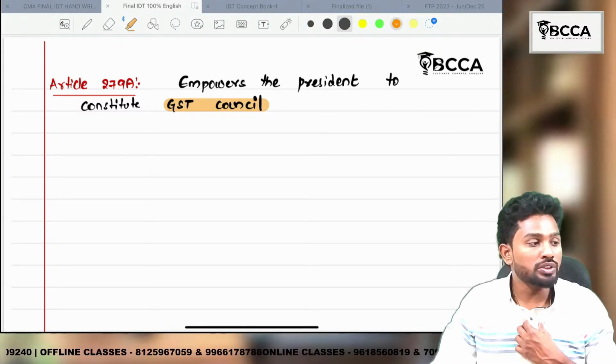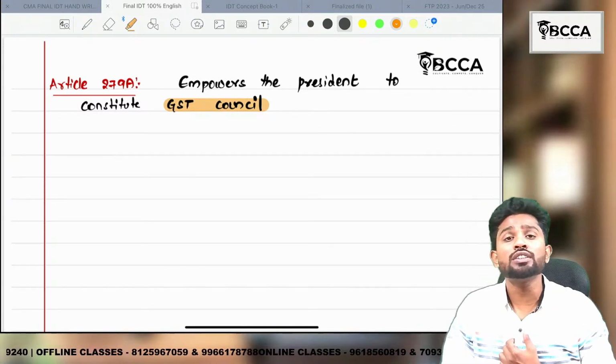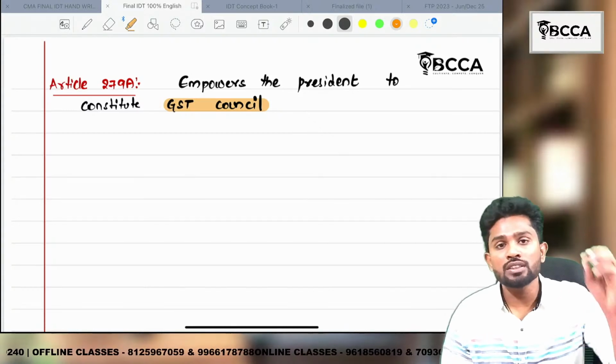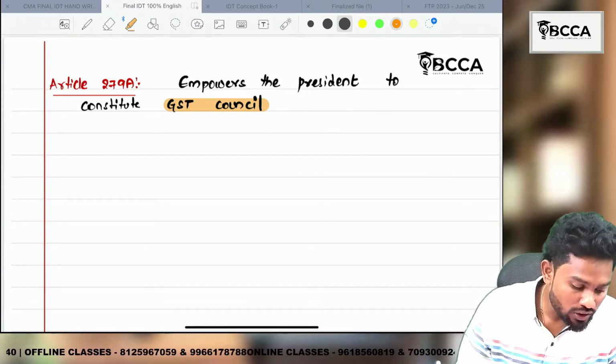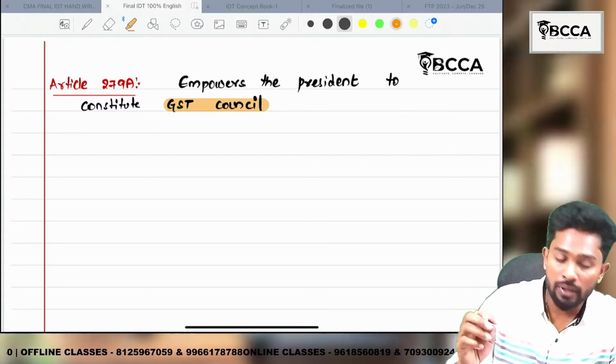So who constitutes, sir? All constitutional bodies are not answerable to the Prime Minister. They are answerable only to the President. So Article 279A empowers the president to constitute the GST Council. So the council is framed by the president.